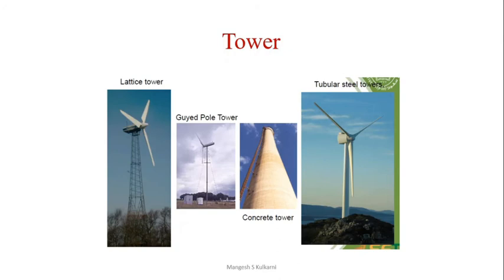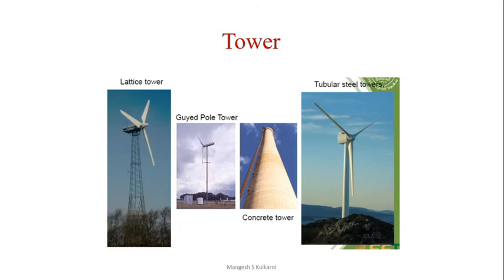Lattice towers are manufactured using welded steel profiles. The basic advantage of lattice towers is cost, since a lattice tower requires only half as much material as freely standing tubular towers with a similar stiffness. The basic disadvantage of lattice towers is their visual appearance.